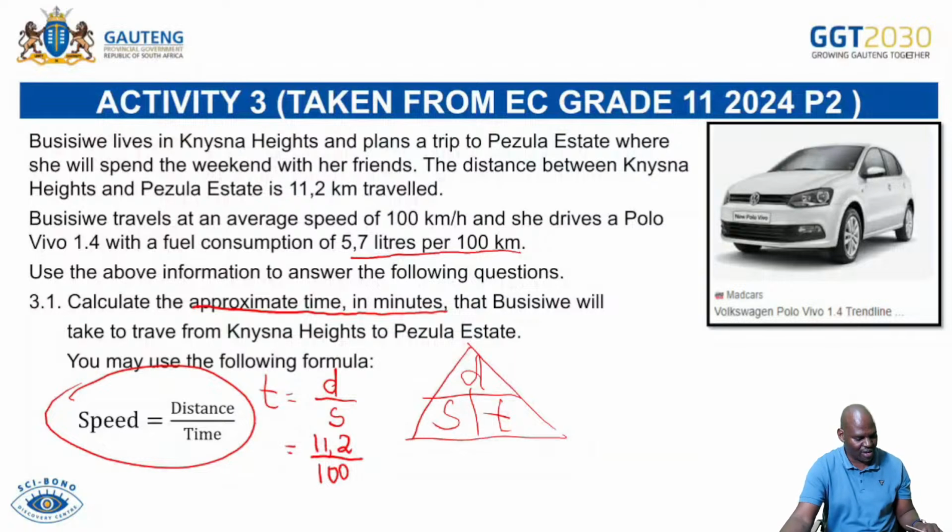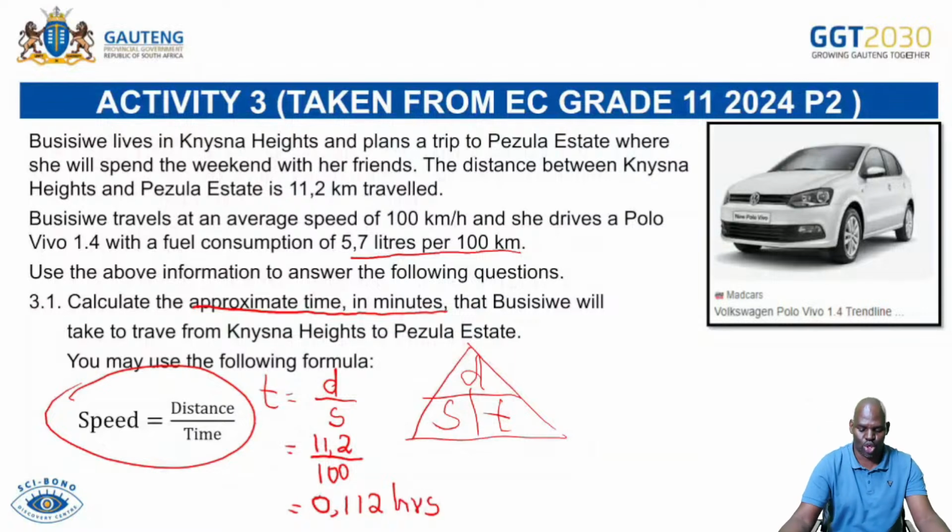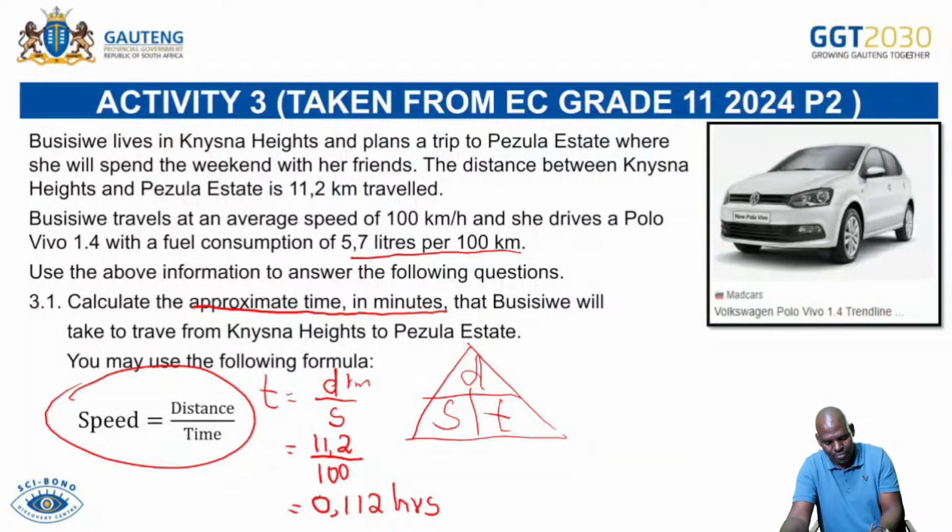So the time is 11.2 divided by 100, and that is 0,112. And then what is the unit there? The unit is hours. Remember, our distance is in kilometers, and our speed is in kilometers per hour, so the kilometer and kilometer cancel out.